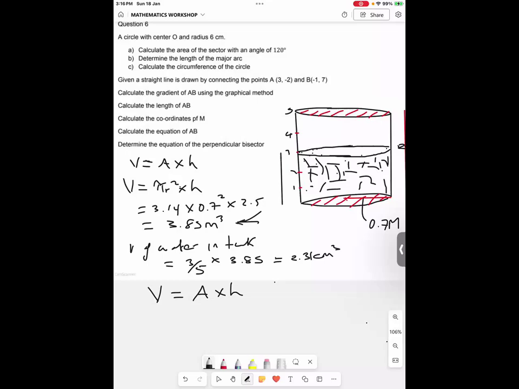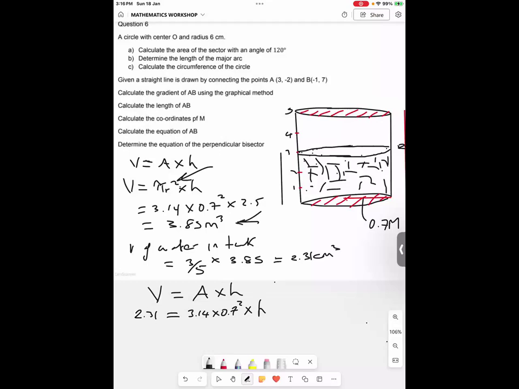So based on the previous calculation, the volume of water in the tank right now is 2.31. And we already know that the base is circular, so that's 3.14, and the radius is 0.7 squared, because remember that we established that from up here. And then the height now isn't the height of the tank. We are interested in finding the height of the water.